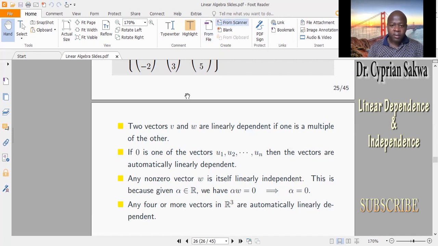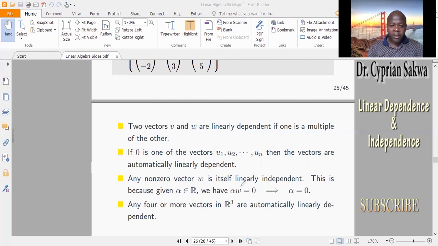For example, suppose we are given u as 1, 2, 3, and v as 0, 0, 0, and then w as another vector, let me say 7, 5, 6. Then these vectors are linearly dependent because 0 is one of the vectors.